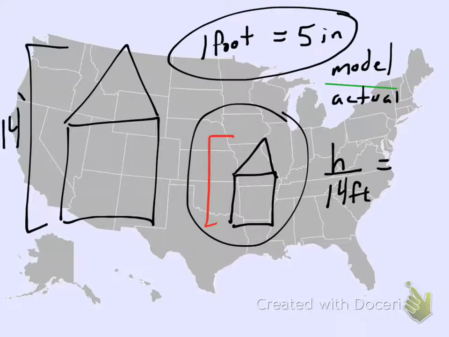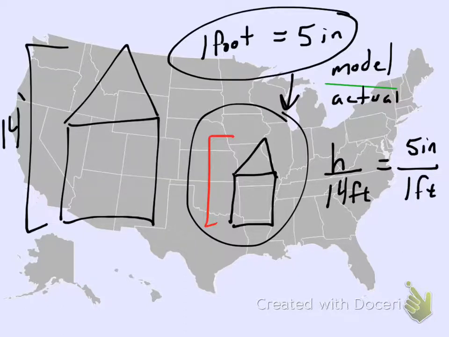Now, here's a tricky part. I'm making it smaller, right? So is the 5 inches going to be part of my model or my actual? You're right, it's part of my model because I'm making it smaller. So I'm going to put it up here, 5 inches, because my models are on top, over 1 foot.